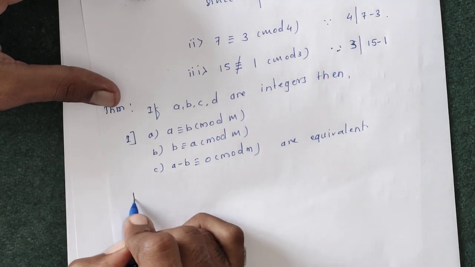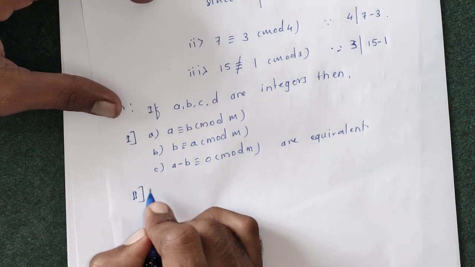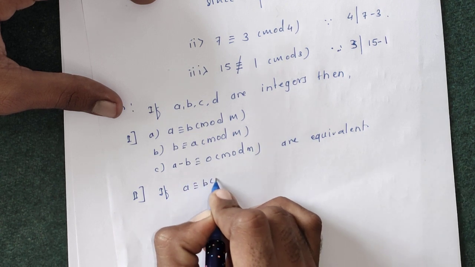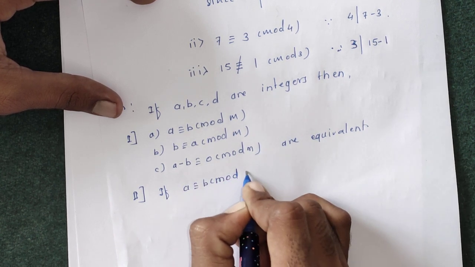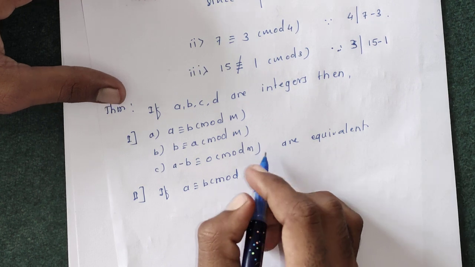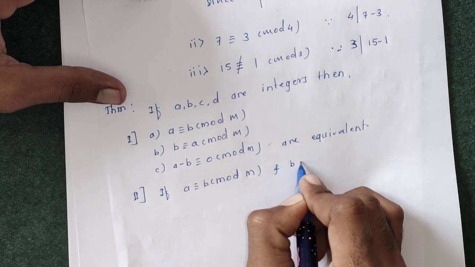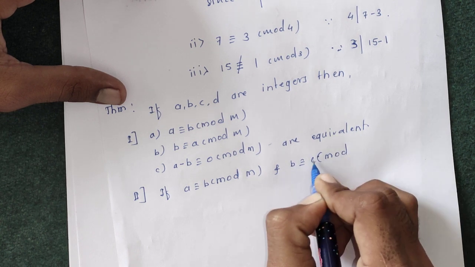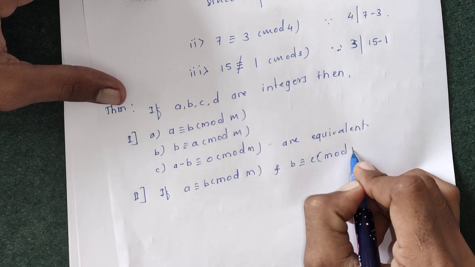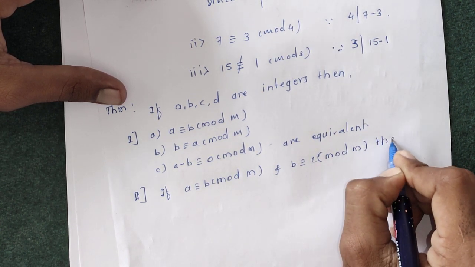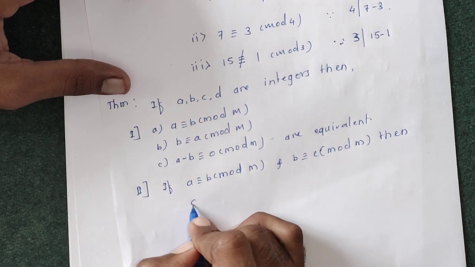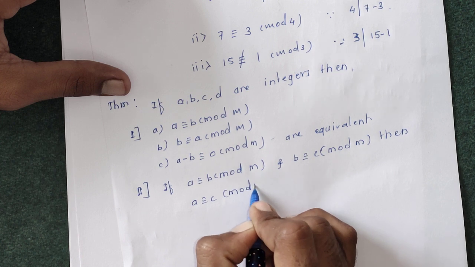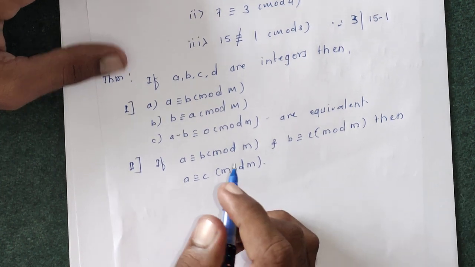Now the second statement is: if A is congruent to B mod m and B is congruent to C mod m, then A is congruent to C mod m. We are going to prove this.